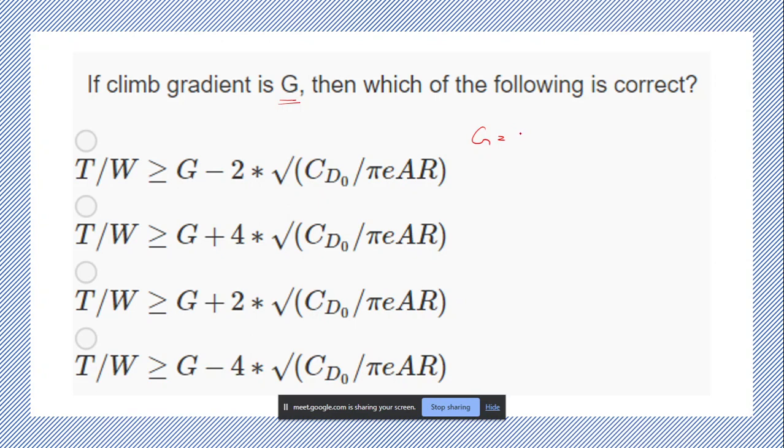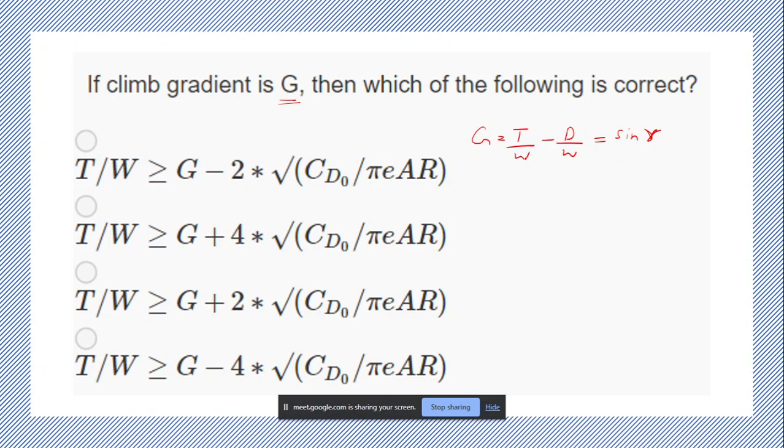Climb gradient was T by W minus D by W, right? Yeah. So this is nothing but sine gamma, where gamma is the flight path angle. So this was your G, that is the climb gradient.